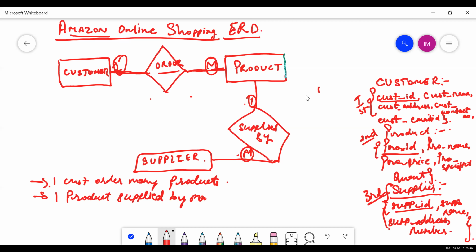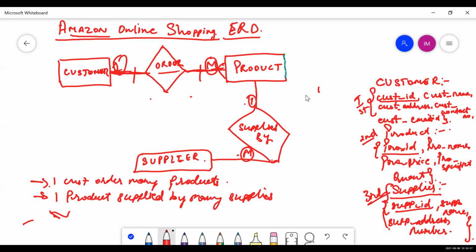Now for the second relationship cardinality, let's see. 1 to many. How do you draw 1 to many? One single line and then 3 lines like this. Got it? And then again from here ordering is happening, so one line and then it is coming like 1 to many.